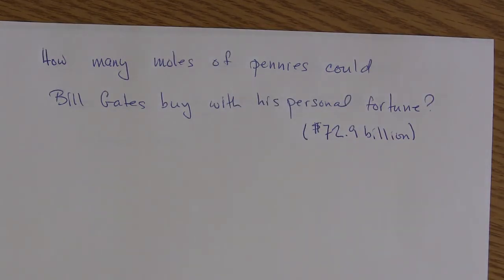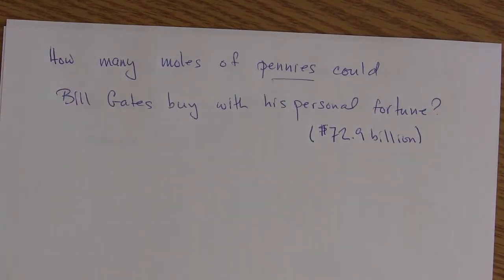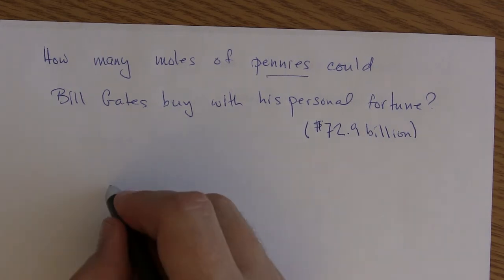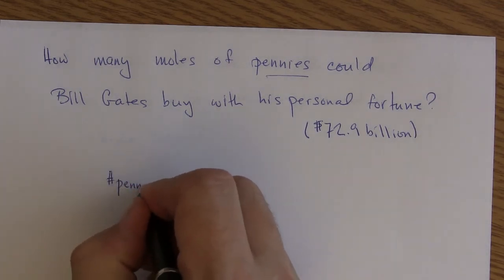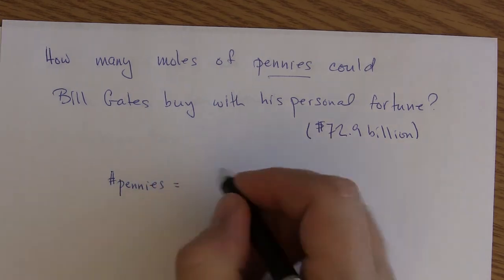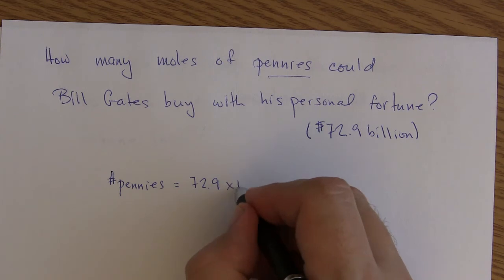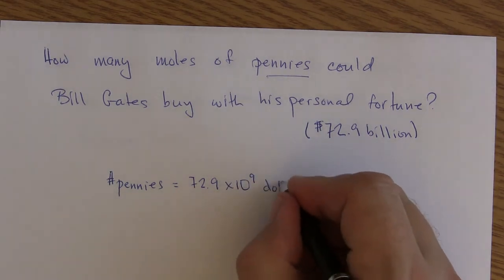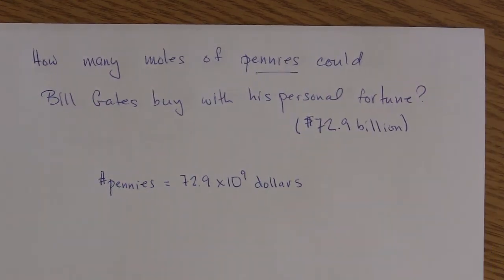Definitely a big number. So we want to first take our dollars and convert it into pennies, and then convert our pennies to moles. So we'll start with number of pennies. 72.9 times 10 to the 9th dollars. 72.9 billion dollars.